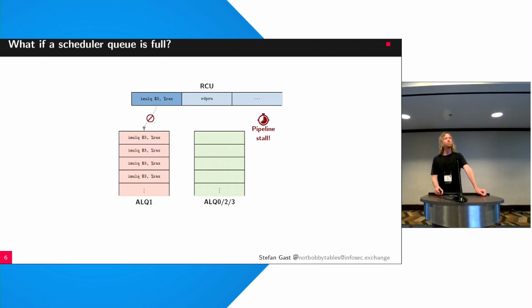In that case, the additional multiplication can, of course, not be enqueued because there's no room for that operation, and because there's no reordering done in the retire control unit, the subsequent operation that is not a multiplication cannot be enqueued either, and the pipeline stalls, meaning that the CPU has to wait until there's some room free for the multiplication again.